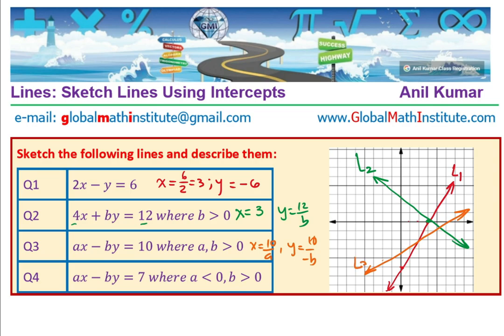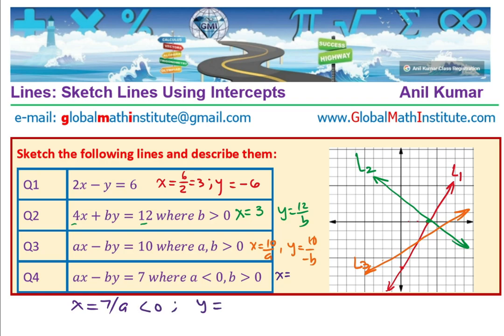Line 3. The fourth line, ax minus by equals to 7. And a is negative, b is positive. So x is equal to, in this particular case, let me write here, we have space. X is equal to 7 over a. But a is negative, so this is less than 0.